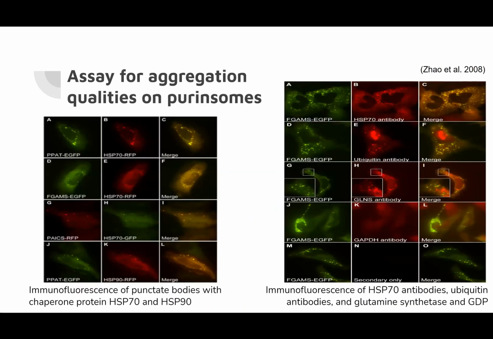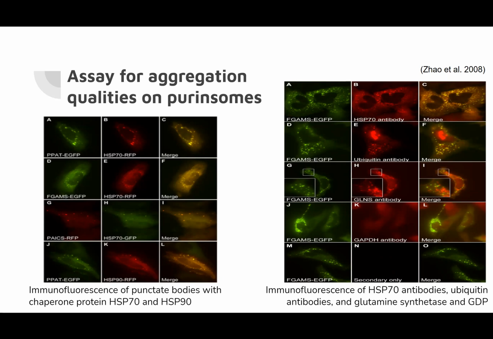All right, so an immunofluorescence assay was performed on the HeLa cells to determine if markers of aggregates, such as chaperone proteins and ubiquitin, co-localized with enzymes of the purinosome. So the leftmost columns show the enzymes tagged with green fluorescent protein or red fluorescent protein. The middle columns show the aggregation markers tagged with the GFP or RFP. And then the last columns will show red and green if no co-localization occurs, while an orange-yellow color is displayed if there is co-localization.